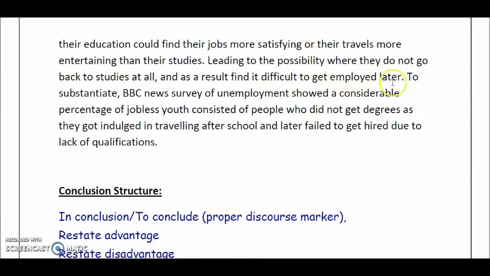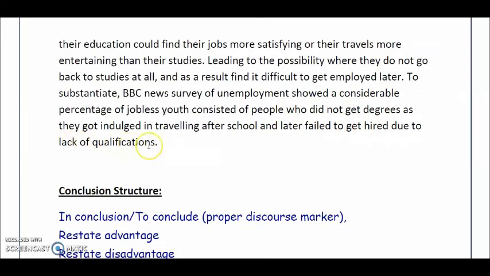So this is our explanation, and it properly gives us details and explains how the loss of interest in studies happens. Now our example. To substantiate, BBC News survey of unemployment showed a considerable percentage of jobless youth consisted of people who did not get degrees, as they got indulged in traveling after school and later failed to get hired due to lack of qualifications.